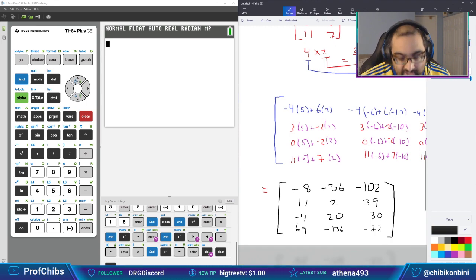Part of this class is about critical thinking as well. So even though you think, I can get directly to the final answer really fast if I just enter stuff into the calculator, okay, I get it. Trust me, I'm not dumb. You might say, you just showed us the shortcut and then did this whole long-winded example to get the same answer. That's true, but the reason I show you the long-winded way is because you have to understand where it came from.